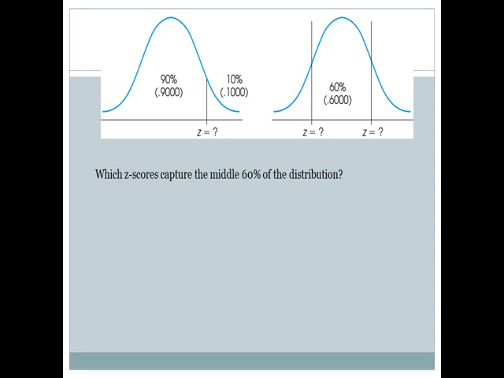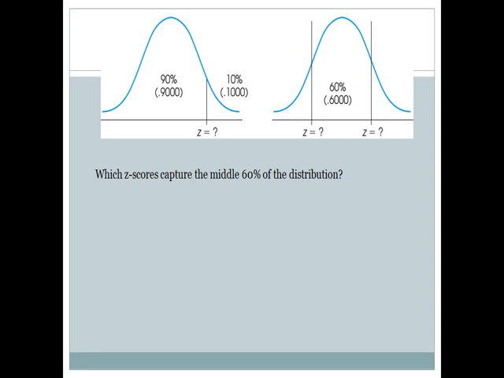The secret here is recognizing that if the middle 60% of the distribution is what we're trying to find, this leaves 40% of the distribution remaining, 20% at the top of the distribution, 20% at the bottom of the distribution.